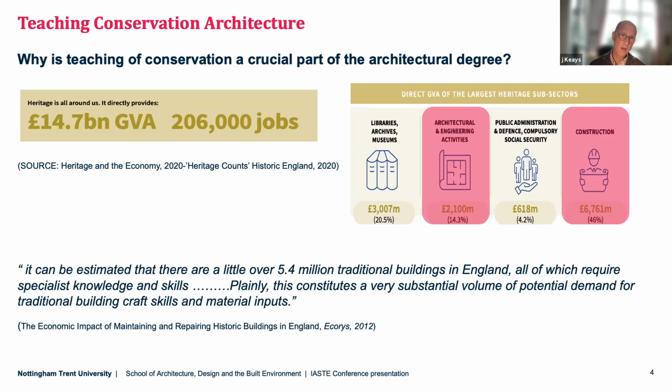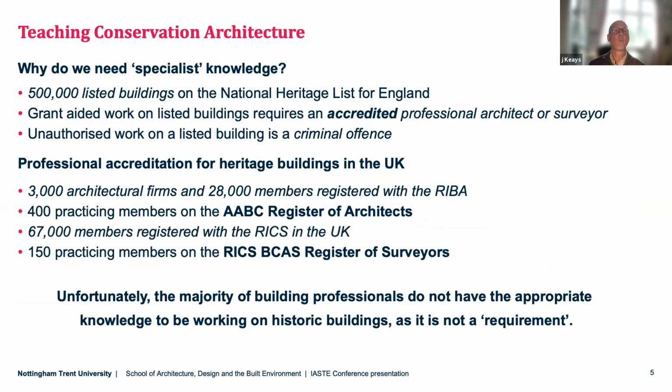And one of the problems is that we have lost a lot of these craft skills in the UK. They are growing again, fortunately, but from the point of view of architects, we have very little skill typically in our education. So why do we need a specialist kind of knowledge?